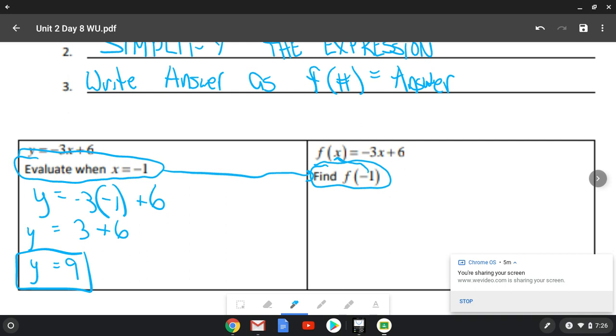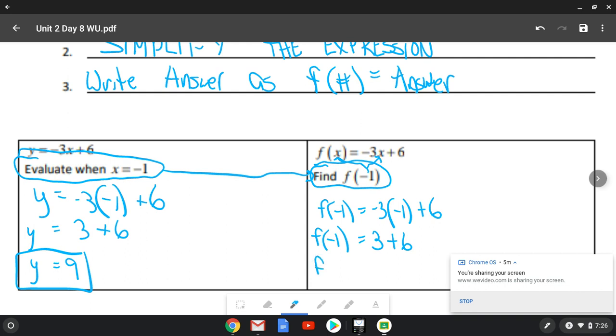So now we're replacing the x in the equation. So we're going to replace this x right there with this -1. So as we do that, it's going to be f of -1 equals the same thing that we just did on the left side. So we said that a negative times a negative is a positive 3.